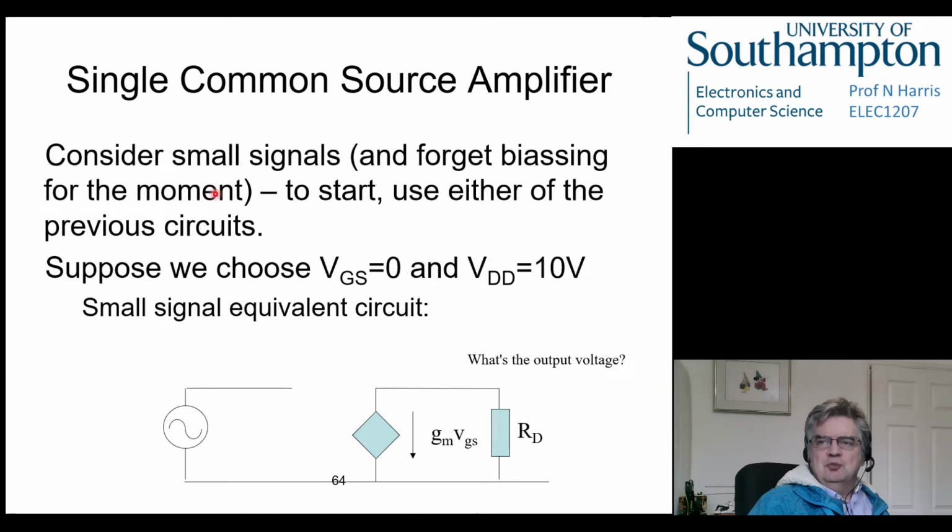So if we consider small signals, so AC signals, we won't worry too much about the biasing at the moment, although I have just talked about it a little bit. We can use either of the other two circuits. We apply our small signal model, because remember we're looking at small signals, so a small signal of our circuit looks like the model of the transistor, which remember had this transconductance current source in the output, so the current source is controlled by this VGS voltage.